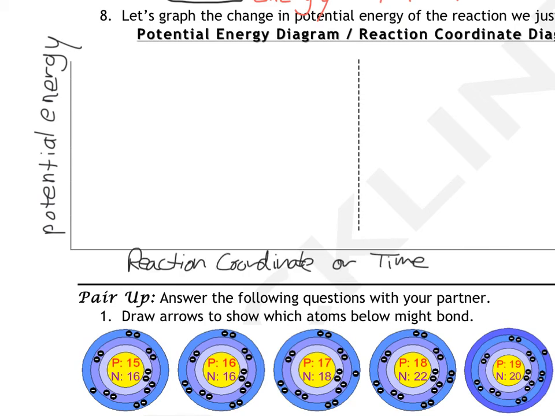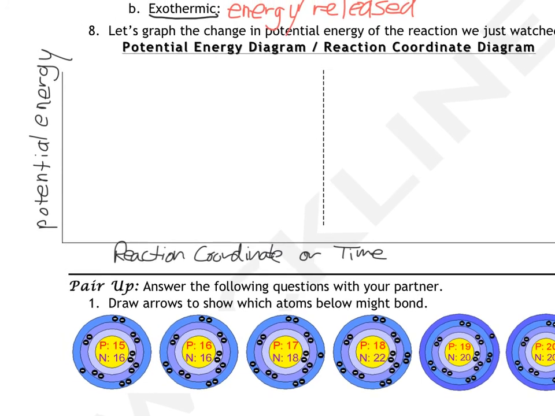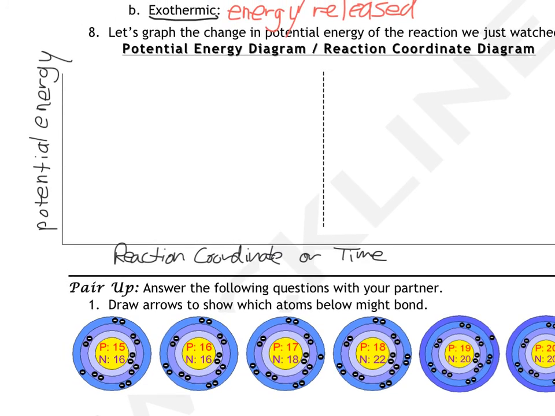What we were discussing was that we have an element that is losing energy over time. I want to show that at the beginning, before the reaction has occurred, you have some elements with a certain amount of energy. After the reaction has occurred, you have those elements again, but they've rearranged, they've formed a new substance, and they have much lower potential energy. And you just need to connect the two.